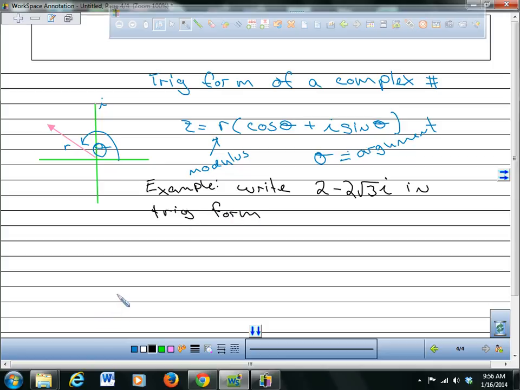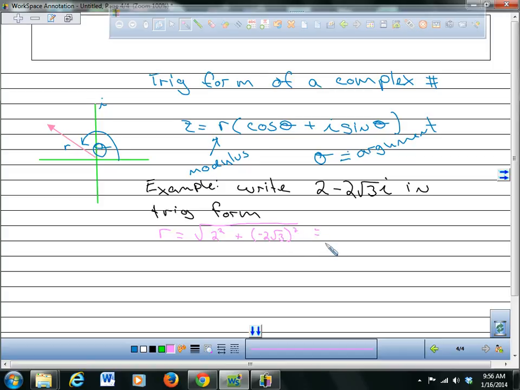The first thing you want to do is find r. How would I find r? Square root of 2 squared plus, you have to be a little careful, negative 2 root of 3 squared.